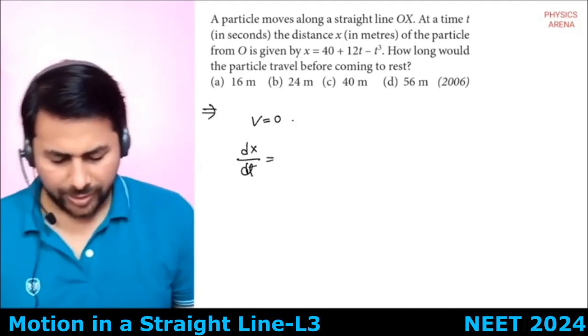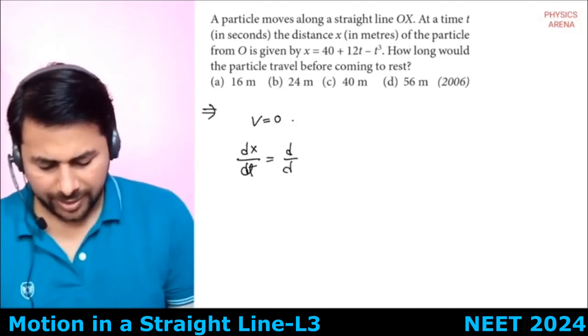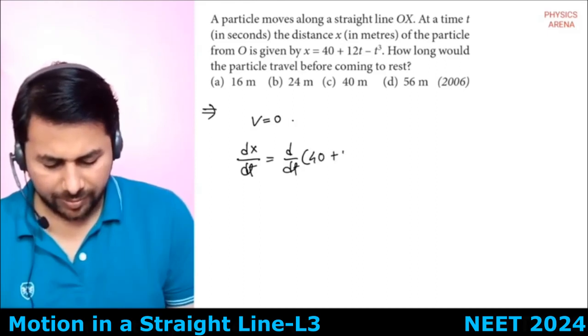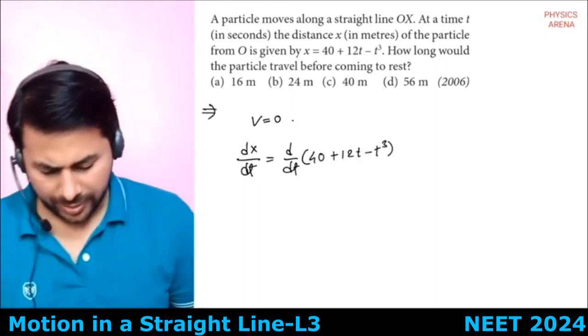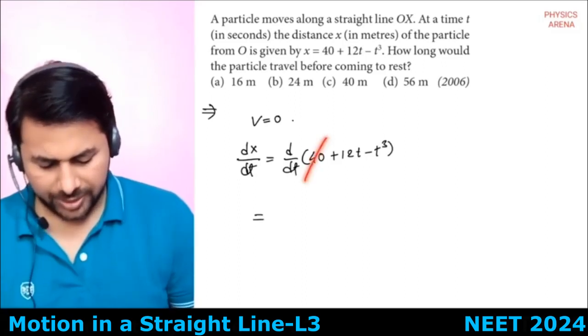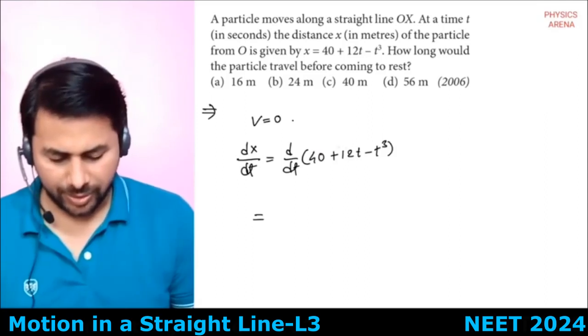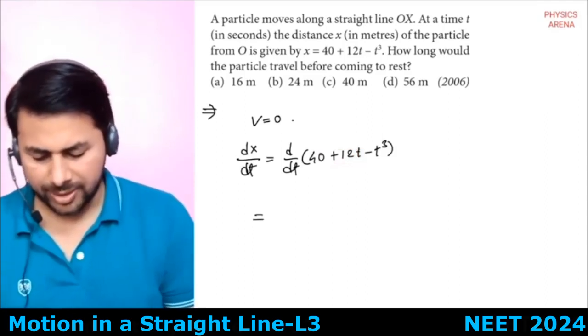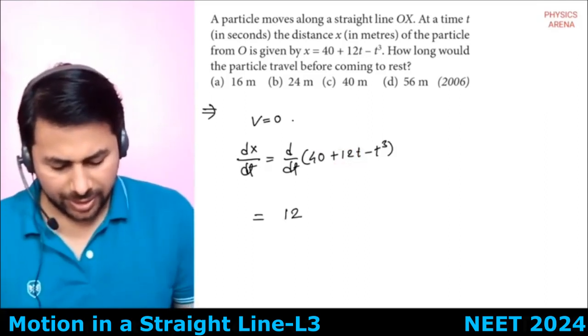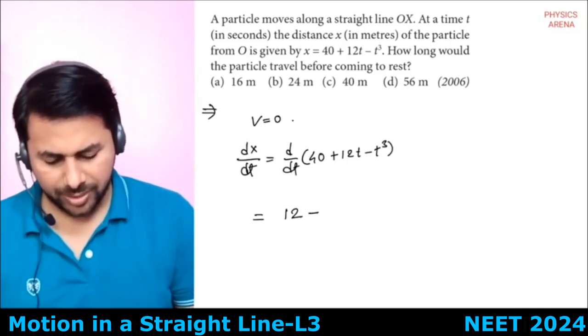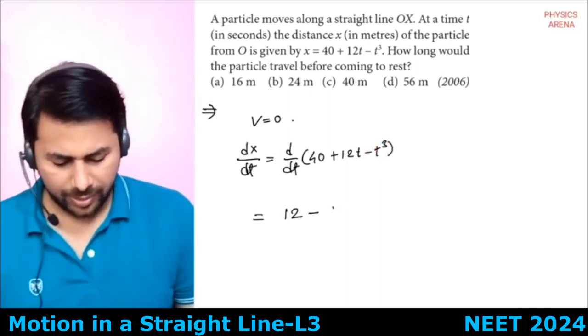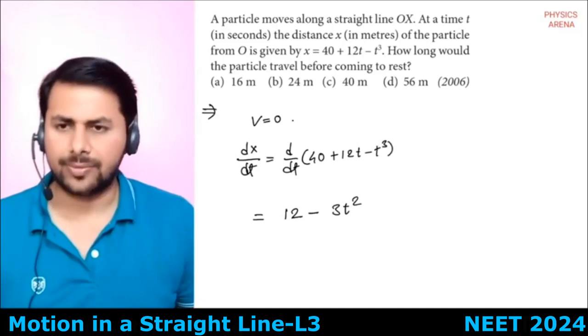Okay, so what is dx by dt? d by dt of (40 plus 12t minus t cube). Okay, so derivative of 40 is 0, derivative of 12t is just 12, derivative of t with respect to t is 1, so it is just 12 minus derivative of t cube, which is 3t square.